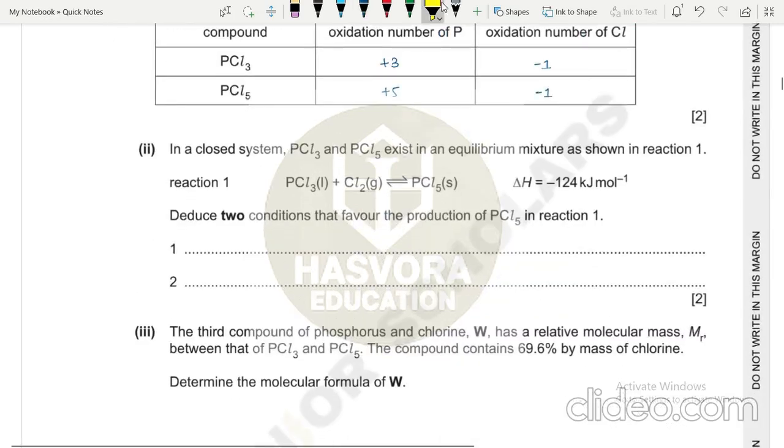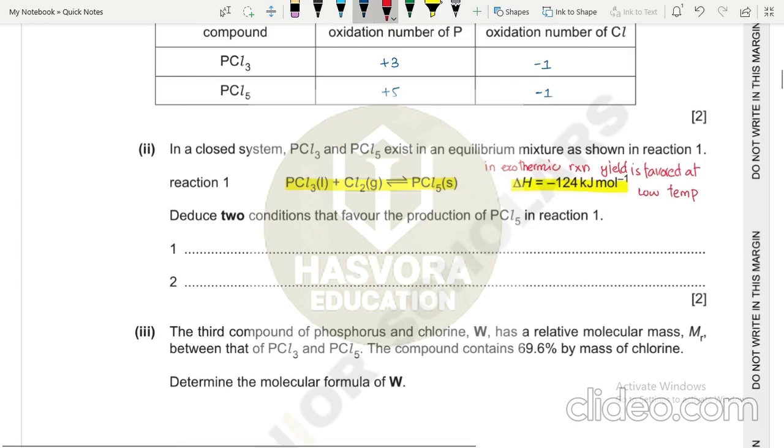It says in a closed system, the PCl3 and PCl5 exist in an equilibrium mixture as shown in reaction 1. They have given you this reaction and the enthalpy change for this is negative. So what you should remember from this is that in exothermic reactions, yield is favored at low temperature.